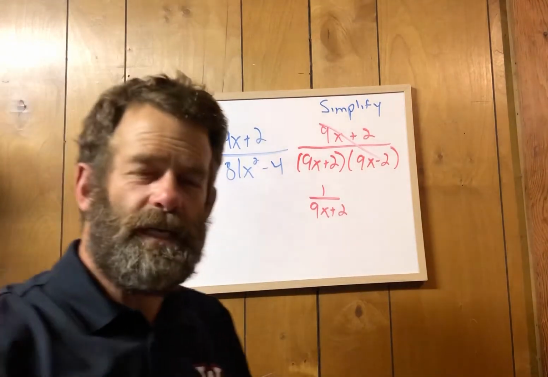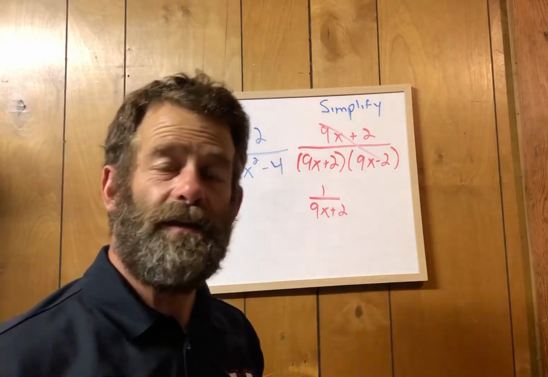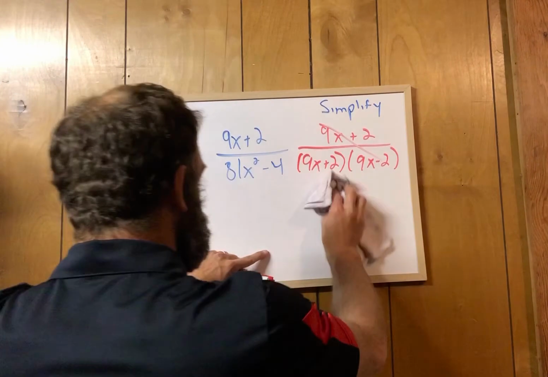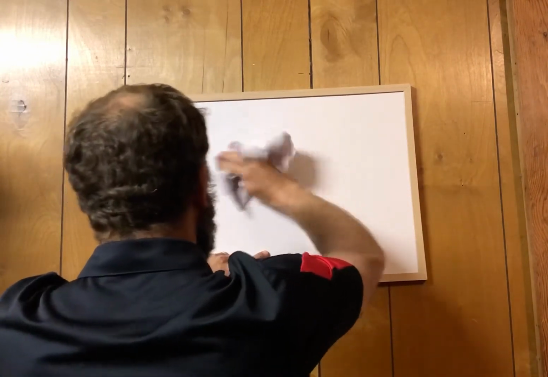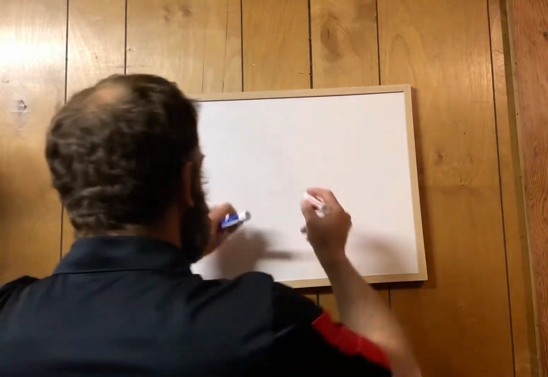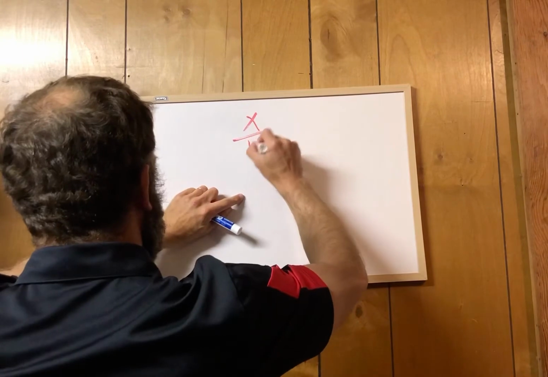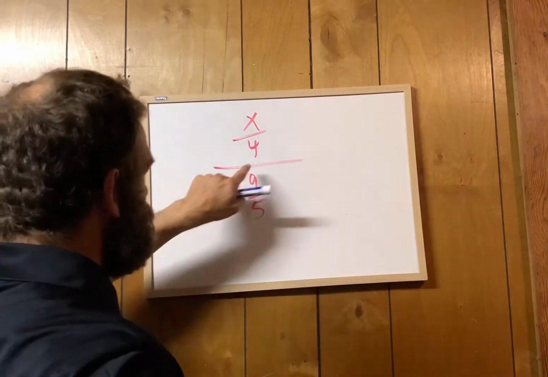The second thing that we did last week was we went over multiplying and dividing rational expressions. I don't really need to go over that because we went over many questions. But the main thing, remember, let's say we had something like this: x over 4 over 9 over 5. Remember this?